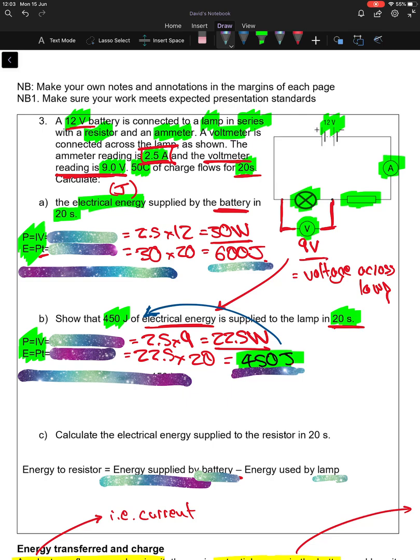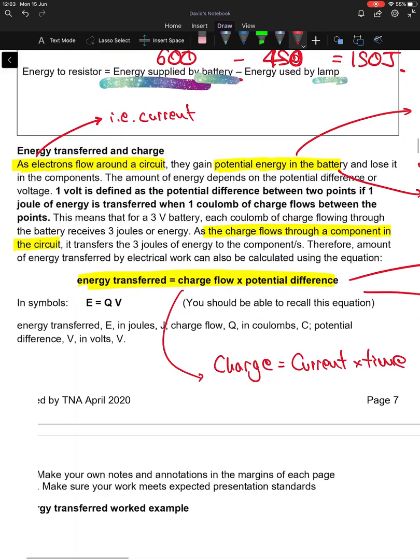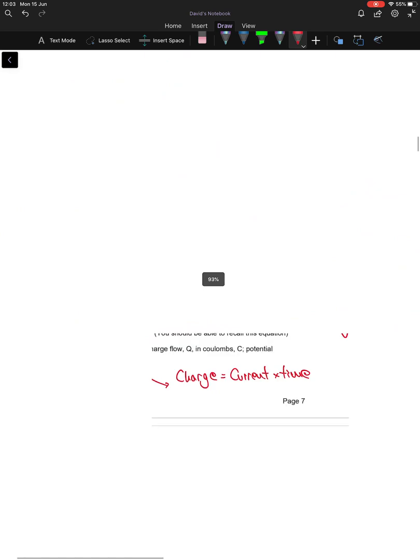That's 450. So if the energy by the lamp's been used up, we started with 600, what have we got left? So we do 600 minus 450, sorry, 150 joules. So a couple of more complex but worthwhile examples, making sure that you've gone through and understood to the best of your ability.